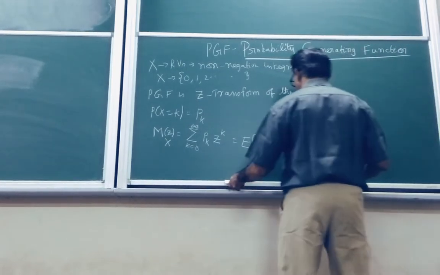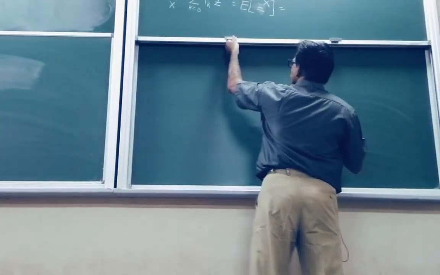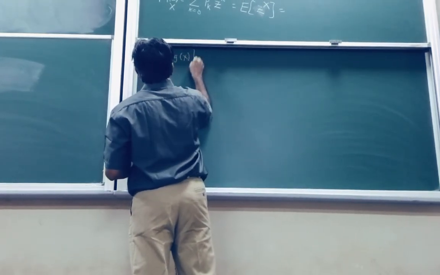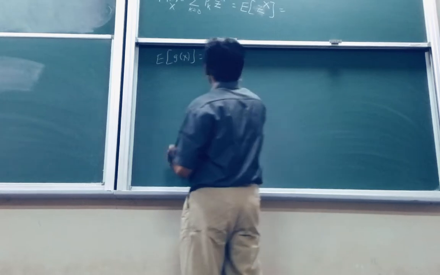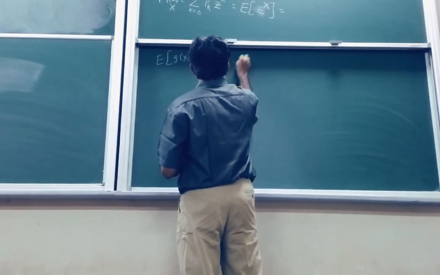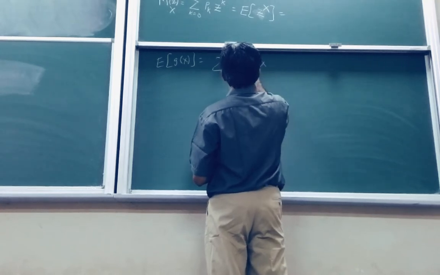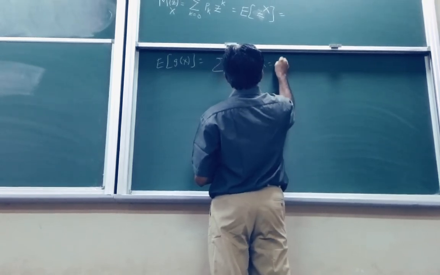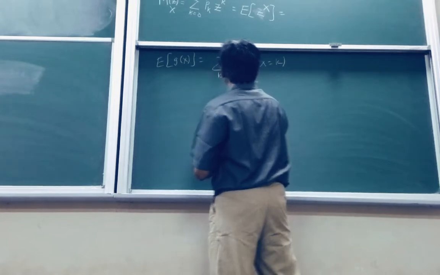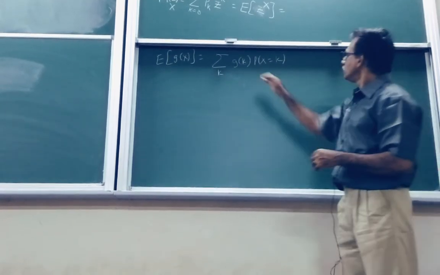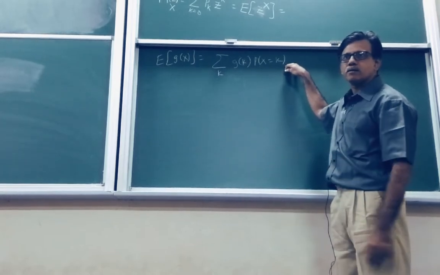For example, what is the expectation of g of X? In the case of a discrete random variable, it is the sum of g of x into the probability that X equals k, over all values of k that X can take. This is how we define it.